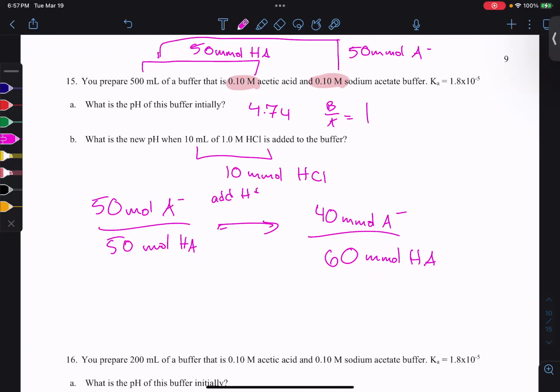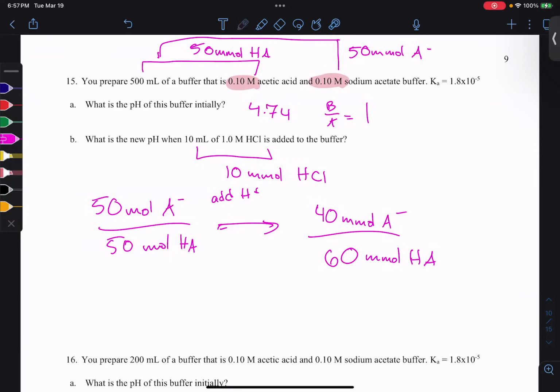So what does our intuition say? When we add acid, how should this pH change? It should go down. But how is it going to go down differently than the previous one? It's going to go down more because there's literally fewer moles of stuff to be neutralized.